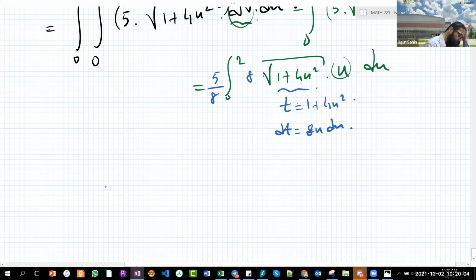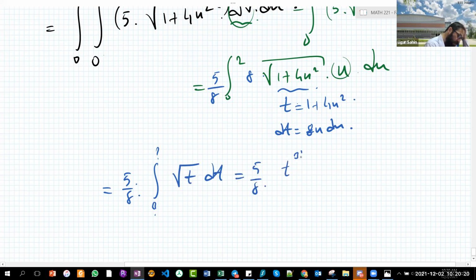If I do this, 5 over 8, that integral would turn into, I'm not going to change the boundaries first, square root t dt. If you take the integral, it is going to be equal to t to the 3 over 2 over 3 over 2, 0 to 2. And then I can put the u back, which is 1 plus 4u squared.